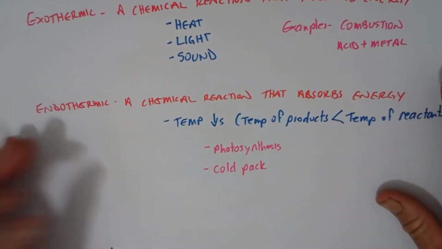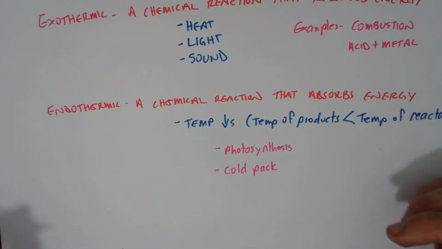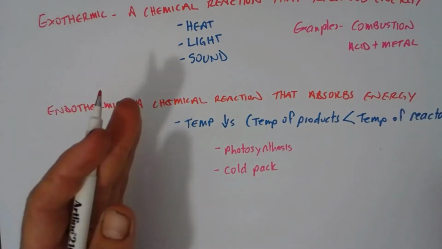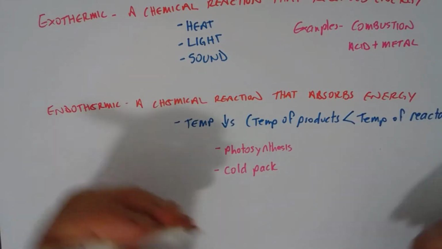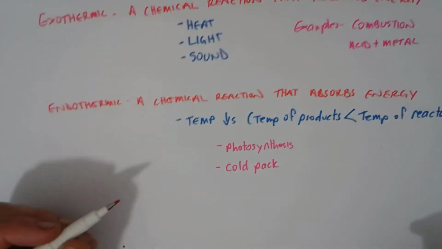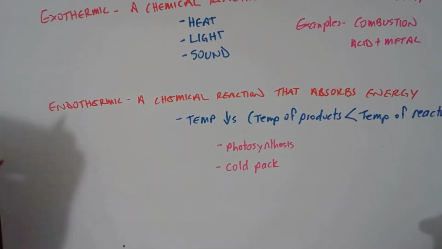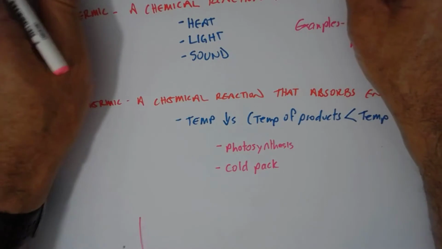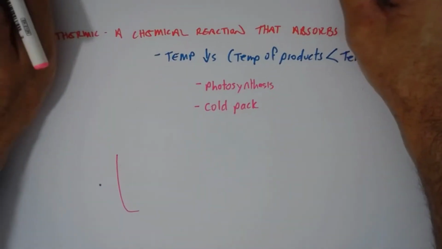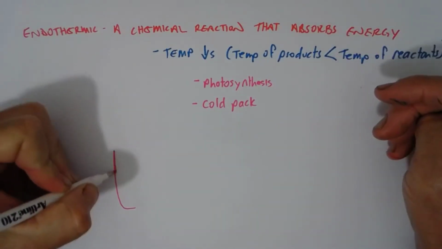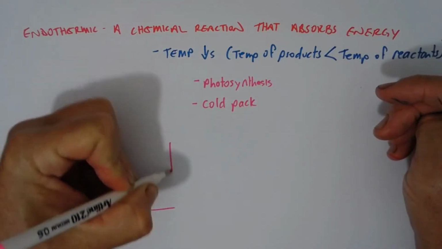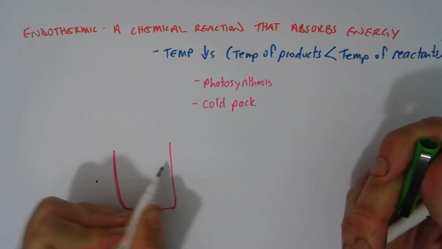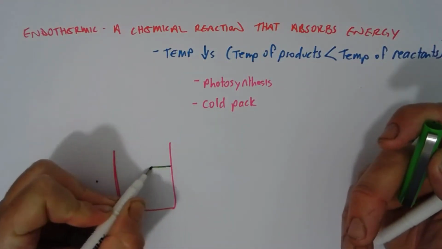So how do we know whether a chemical reaction is endothermic, exothermic, or neither? We can do an experiment really simply. All we need to do is measure the temperature of the reactants. So let's say here's our beaker, and we put in one of our reactants.